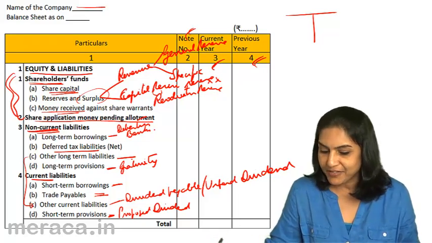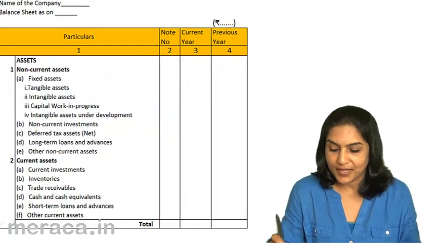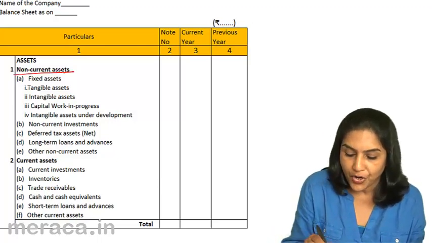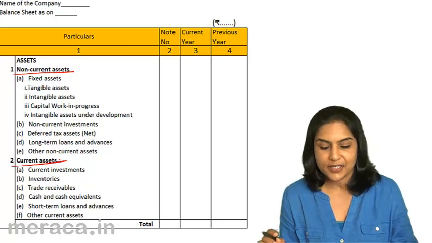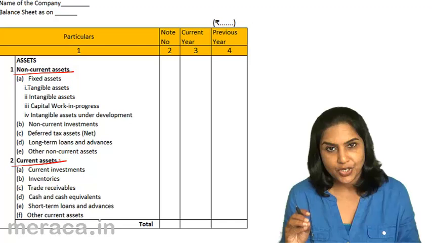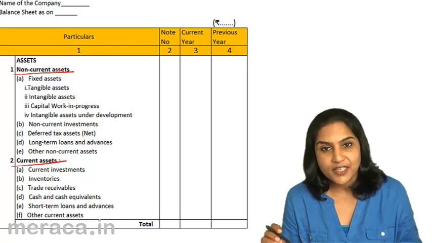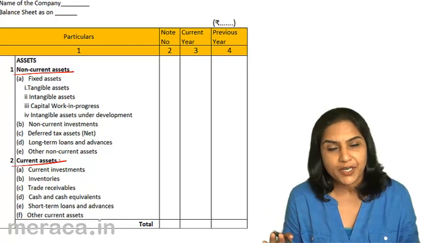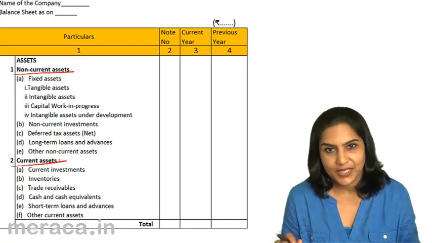Below this, we have the assets. The assets side is again split into two, non-current assets and current assets. What are current assets? Current assets are assets which include cash or other assets which are expected to be converted to cash within a short period of time, usually within a year.